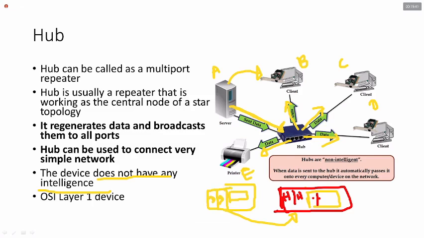Its intelligence is even less than a layer 2 device, so it cannot actually read anything. It will just copy whatever 1010 signal to the other ports. So the hub is a layer 1 device. Is there anything to clarify about this operation before we move to the next part?